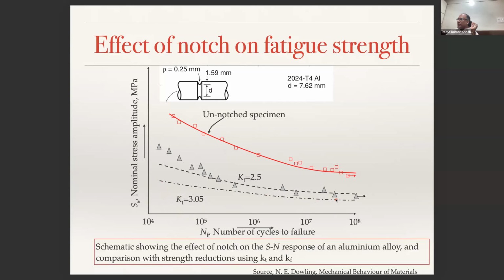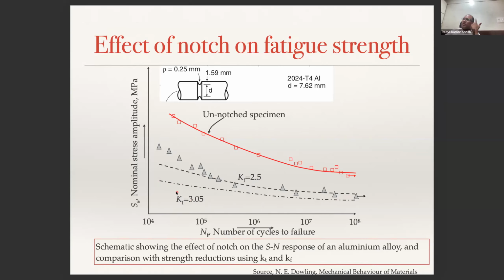But when you do the experiment, you find that the fatigue life in the presence of a notch is actually higher than what you would predict using the theoretical stress concentration factor. That means for fatigue life, you cannot use the theoretical stress concentration factor. The fatigue stress concentration factor is lower than the static or theoretical one, which is counterintuitive, isn't it?